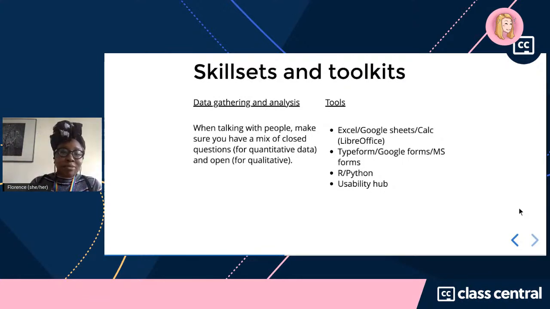Tools like Usability Hub are really great, because you can input an image and add questions, and then share the link around. So you are basically doing a survey, but it's not just based on did you do this? Do you like this? It's actually based on their impressions of a very early prototype.